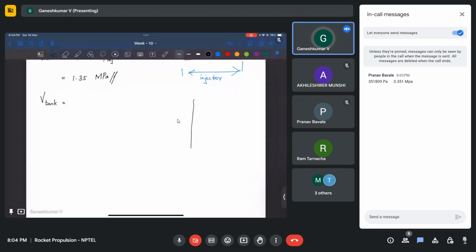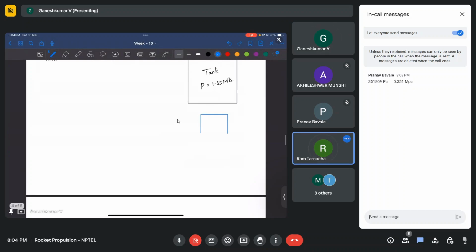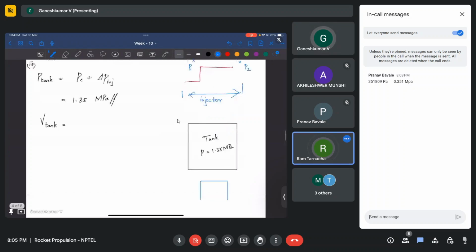What would be the logic to find volume of the tank? So this is the tank and we have pressure in the tank to be 1.35 megapascal, which is going to be filled with hydrogen. How did we find the tank pressure? The 1.35 we found will be the tank pressure, right?